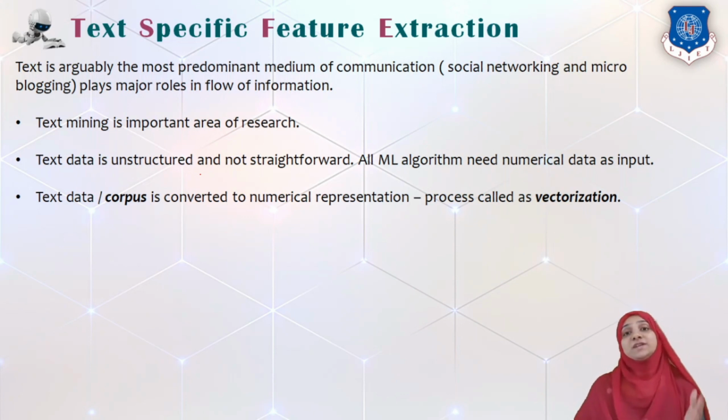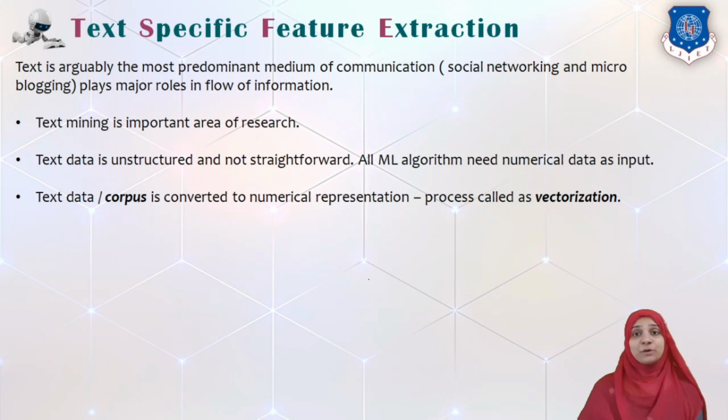So here we first need to convert this textual data into a numerical equivalent which can be used by machine learning algorithms. Here we build something called a corpus of data. This corpus is a kind of digest which gets converted into a numerical equivalent representation.